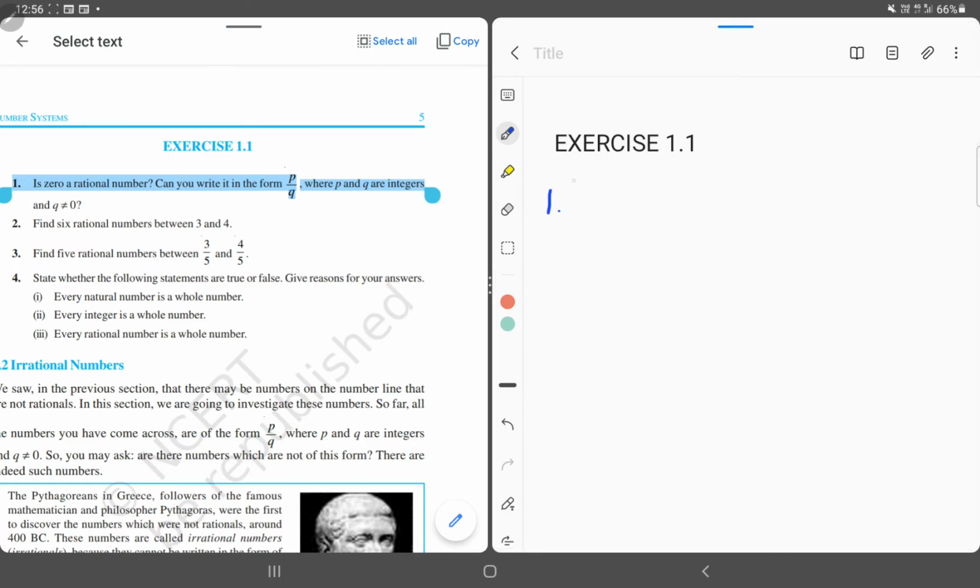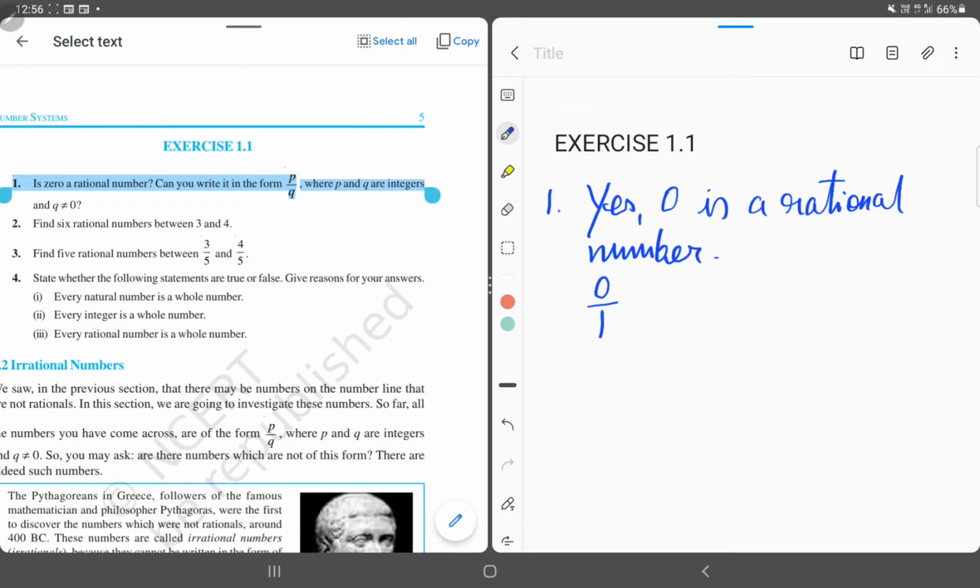So the answer of question 1 is yes, 0 is a rational number. And the second part of the question is, can we write it in the form of P upon Q? Yes, we can write it as 0 upon 1, where P and Q are integers and Q is not equal to 0.